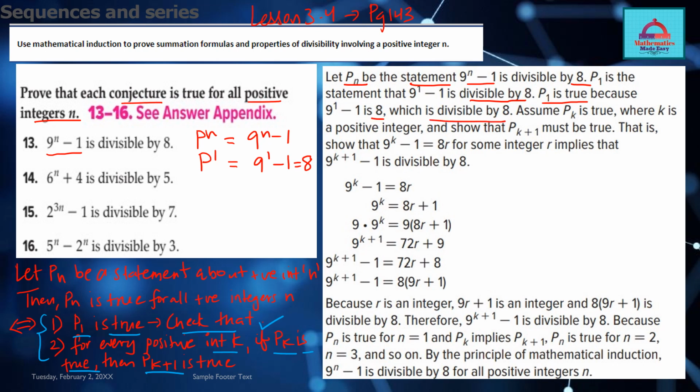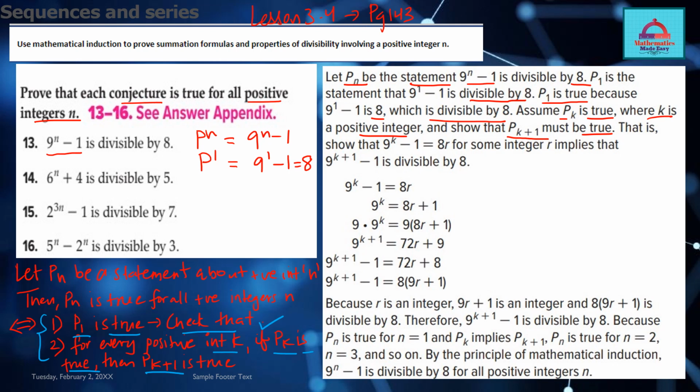So now we will make the assumption. We are moving to step 2, where we make the assumption that Pk is true, where k is a positive integer. And if Pk is true, we have to show that Pk plus 1, the next one, the inductive step, is also true.